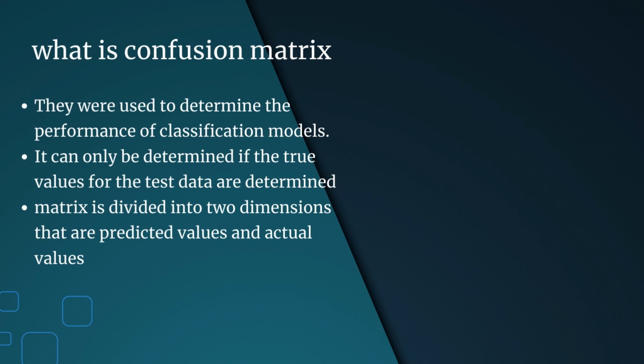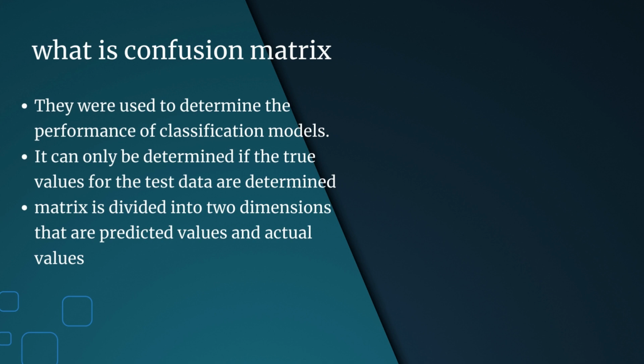The third point is that the matrix is divided into two dimensions: predicted values and actual values. The predicted values are those predicted by the model, and actual values are the true values of a given observation.